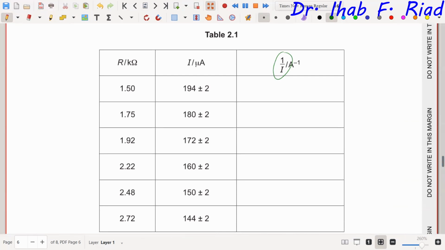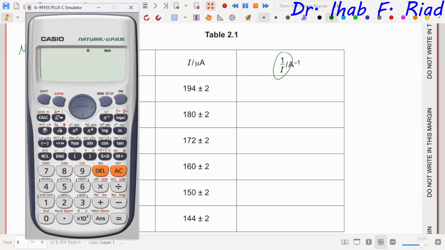What is micro? It is times 10 to the power minus 6. Okay, good. Let us first calculate one of them.